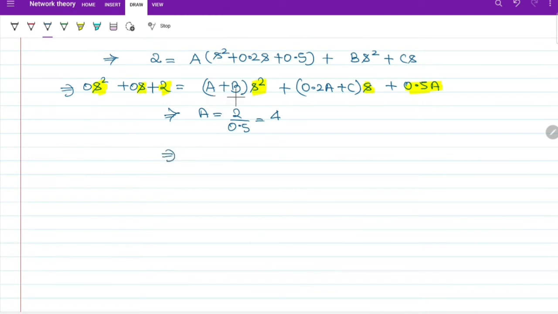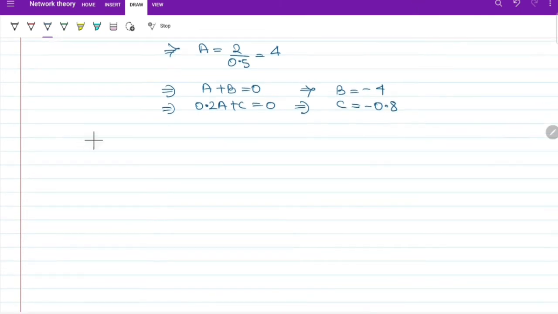Similarly, a plus b is 0, so a is 4, so b will be minus 4, and 0.2a plus c is equal to 0, so we can write c is equal to minus 0.8.